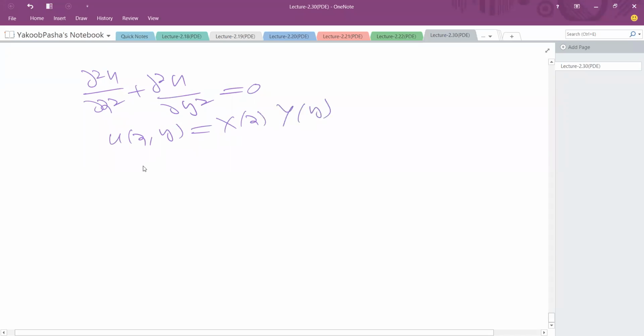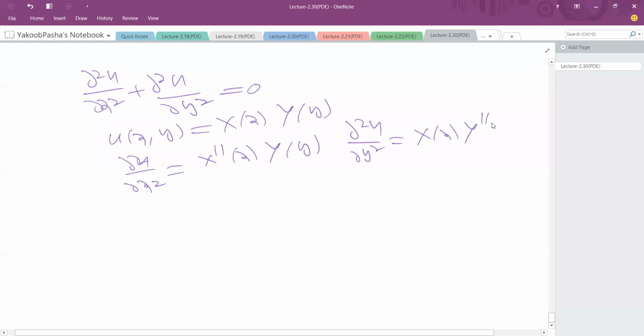Then we find dou u by dou x, rho square u by dou x square: x double dash of x into y of y, and rho square u by dou y square is equal to x of x into y double dash of y.